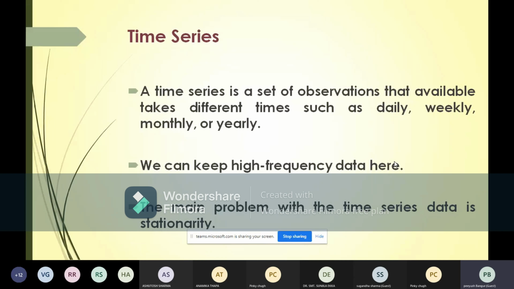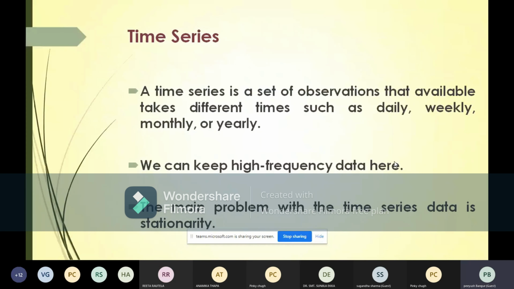Generally, we delay the data, or we see the impact of the previous day's data on today's data. That is basically what lag structure says. So stationarity is the problem and lag structure is the solution for that particular problem.